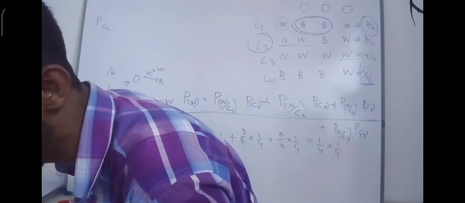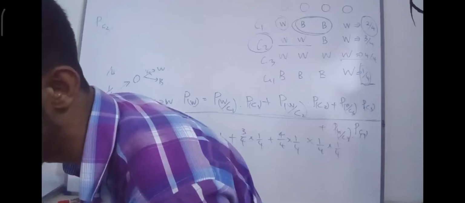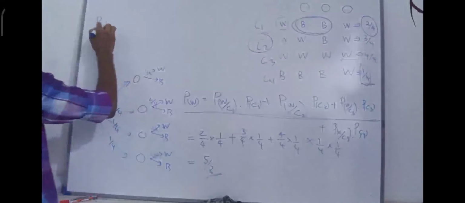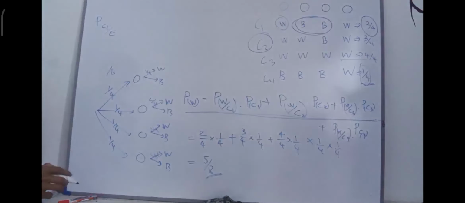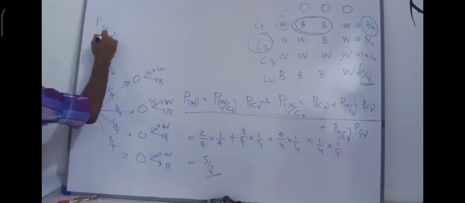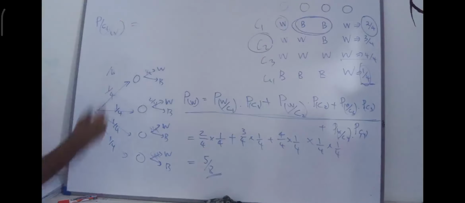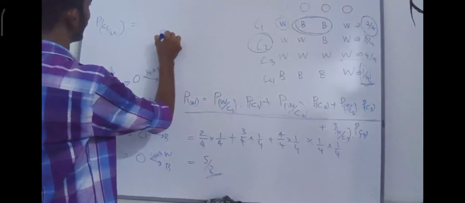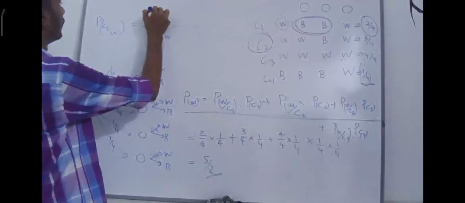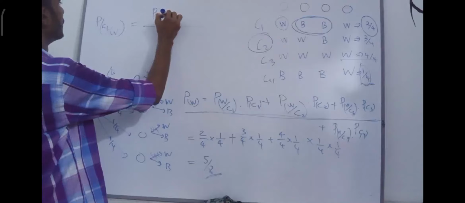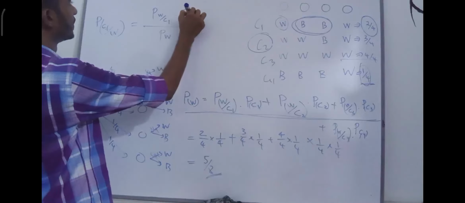So they are telling that initially there were exactly 2 black balls in the box given that the ball drawn is white. So the probability of composition 1, provided that we have already taken a white ball, is equal to the probability of white given C1 into the probability of C1, over the total probability.